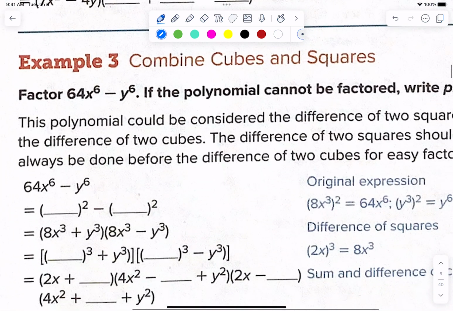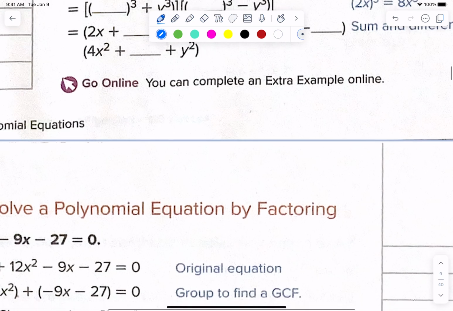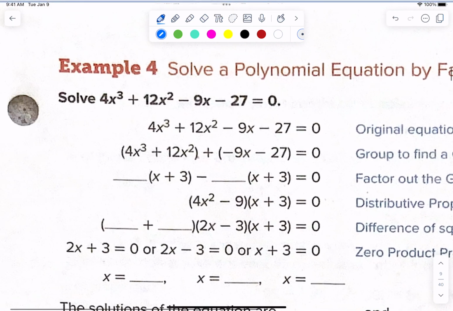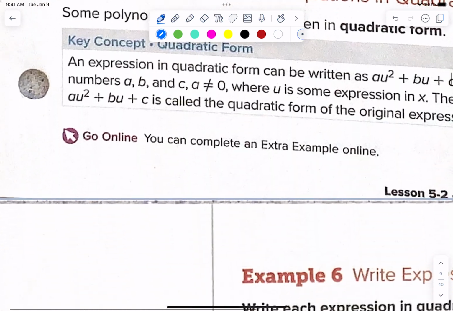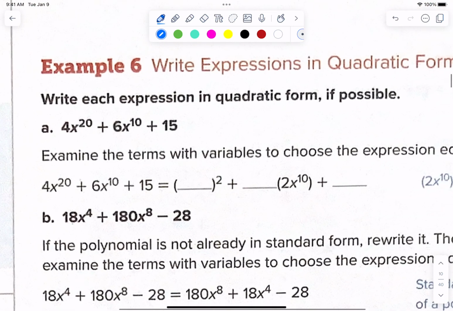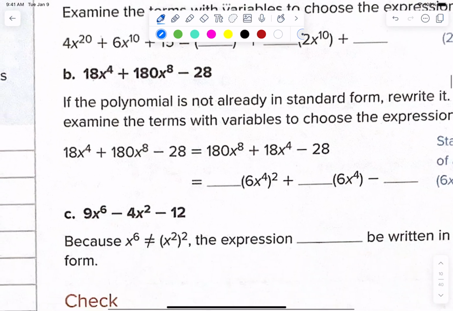We're going to skip example 2 because I don't want to do it. Combine cubes and squares, I don't know. Can't we just do one more example and be done? I'm trying to see what example I want. Oh, right here. What's quadratic form? Is it written on the back?